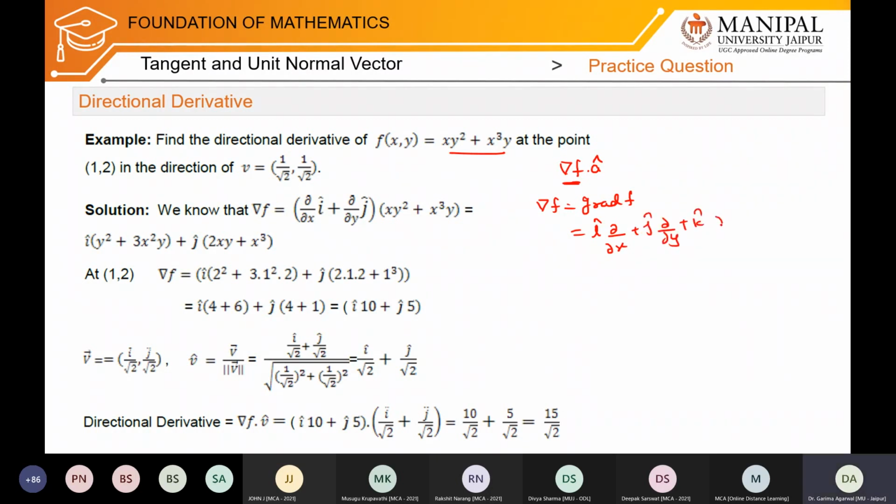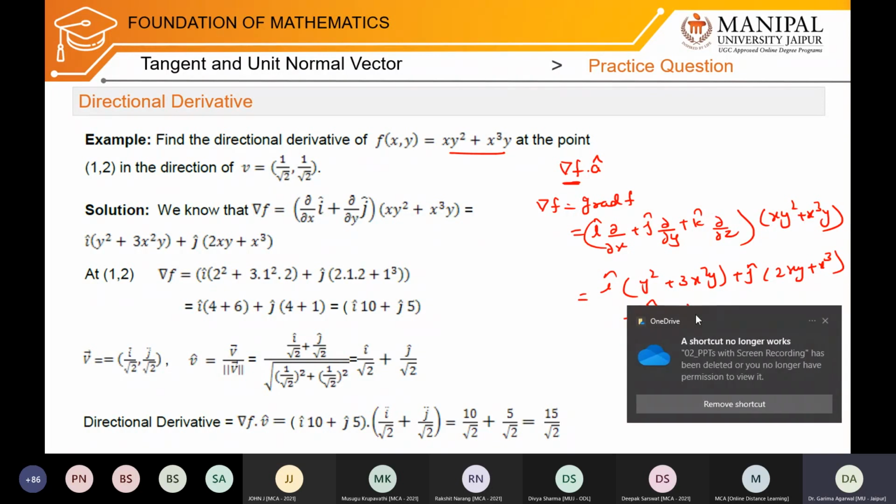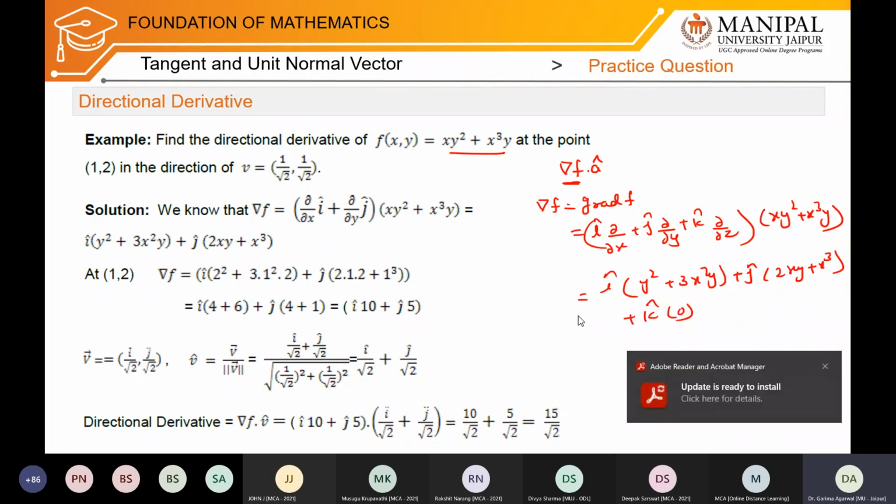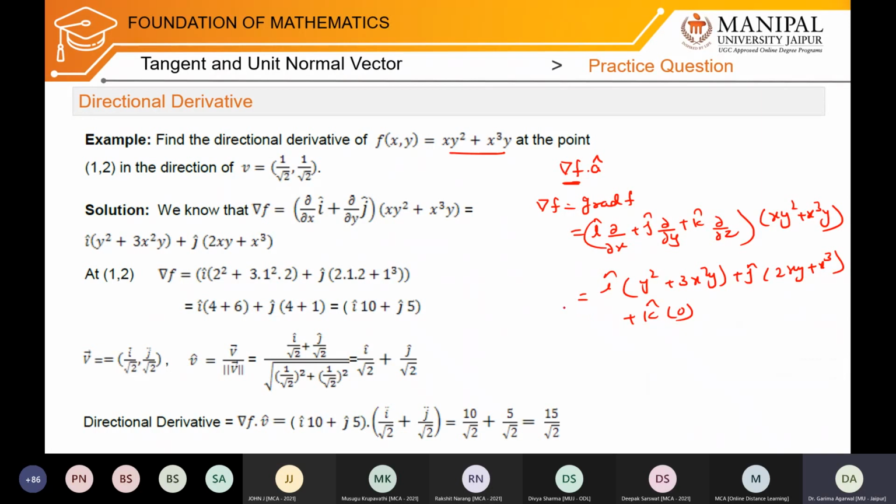This one is my operator, and the function f is x y square plus x cube y. Right, so i cap y square plus 3x square y, j cap 2xy plus x cube, and k cap will be 0. Right, so this one is grad f.